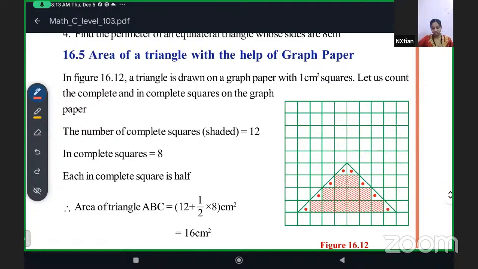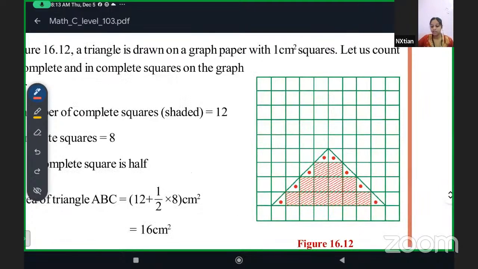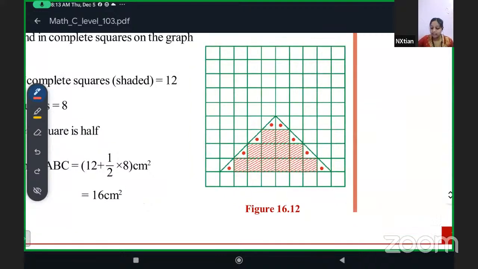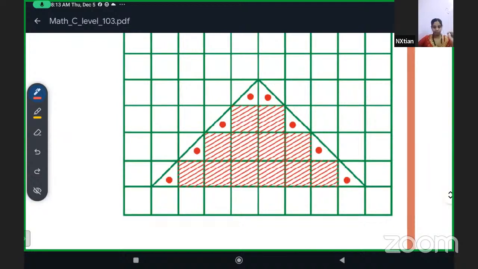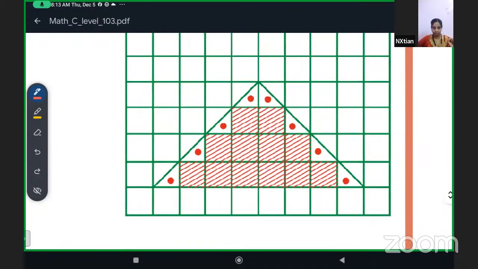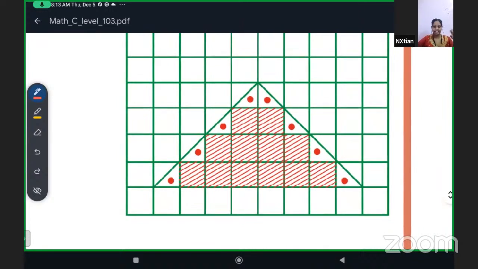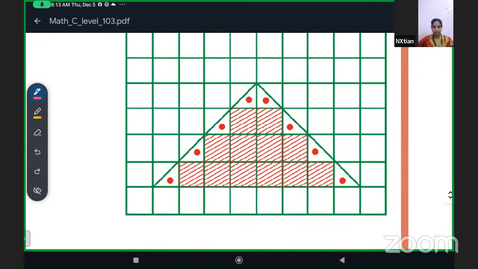How are we going to find out its area? If you look carefully at this diagram, we can see the squares of the graph paper. Now there are some squares which are totally inside the triangle, fully inside the triangle.